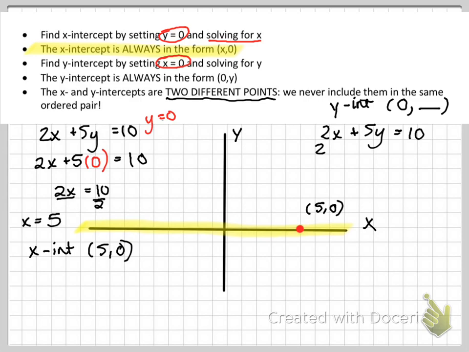And this time, wherever I see the x, instead of writing x, I'm going to write 0. So we have 5y = 10. We divide by 5 on both sides, and we find out that y = 2. So now we have our y-intercept. Our y-intercept is (0, 2). So that's this point right here.